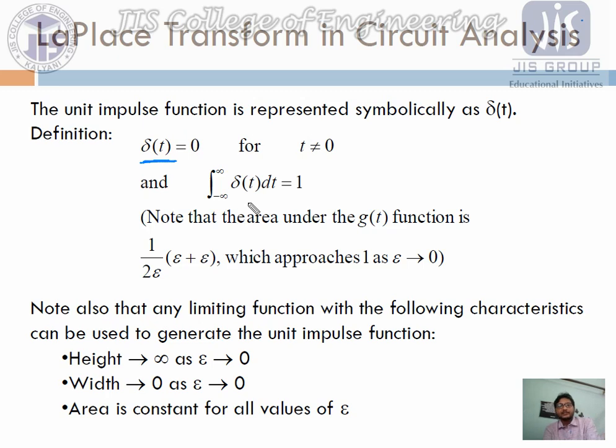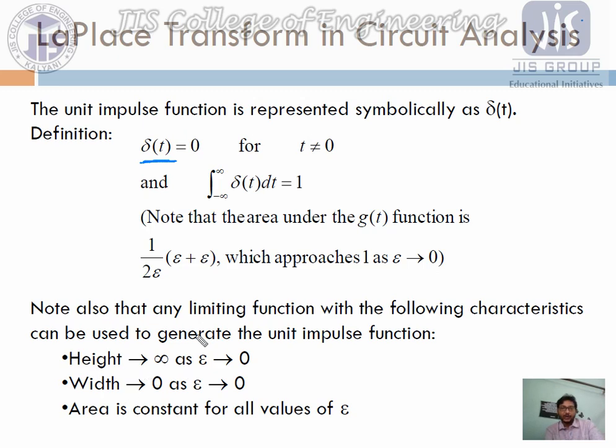We can write the signal as the integration from minus infinity to plus infinity of delta of t dt equals 1. As we have seen, the signal value approaches 1 by twice epsilon, and epsilon tends to 0.